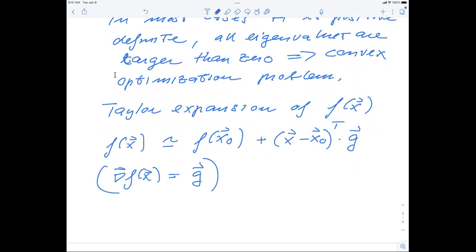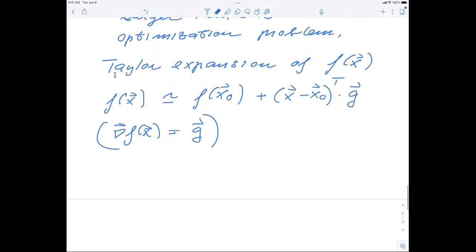So this is the first term. And then the next term contains, in vector notation, the second derivative of the function f, which we define to be equal to this Hessian matrix. So what we end up with is x minus x0 transposed, multiplied with the Hessian matrix, and again multiplied with x minus x0.